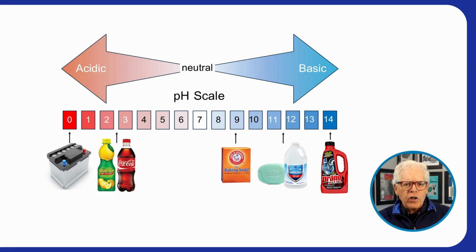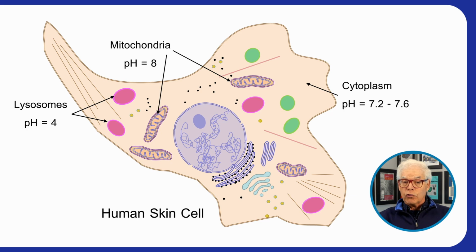Remember my drawing of a human skin cell from episode 2? In a cell, the cytoplasm operates near neutral pH, 7.2 to 7.6 to be more exact, while the lysosome pH can get down near pH 4. Mitochondria have a pH around 8.